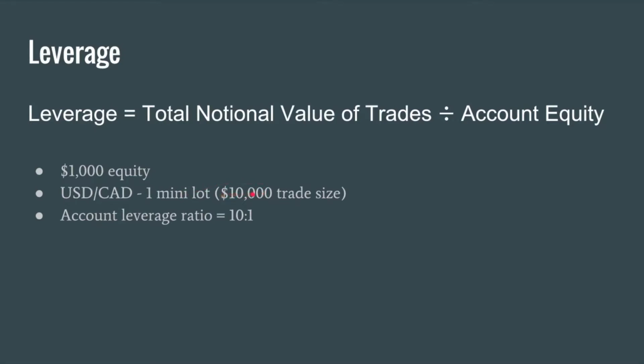Therefore, to find the leverage ratio, that's just 10,000 divided by 1,000, which gives you 10 to 1. And furthermore, if you were to open two mini lots of USD/CAD for a $20,000 trade size, your leverage ratio would be 20 to 1, given that you still have the same $1,000 equity in your account.